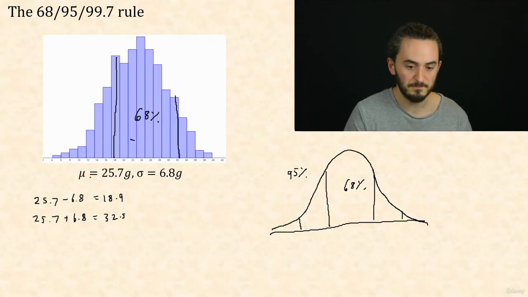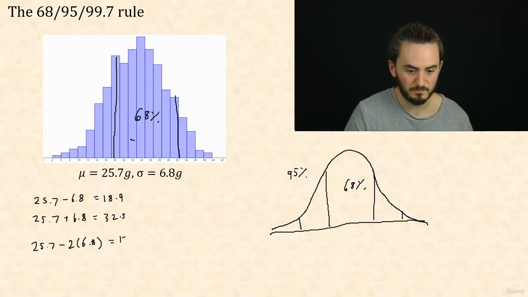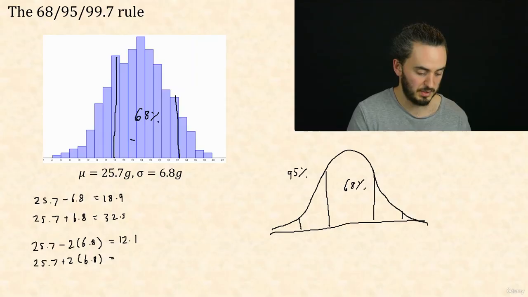So in the case of my raisin data, that would be 25.7 minus 2 of my standard deviations. So in this case, that's minus 2 times 6.8. That would be going down to 12.1. And going two standard deviations up, I'm doing 25.7 plus 2 times 6.8.